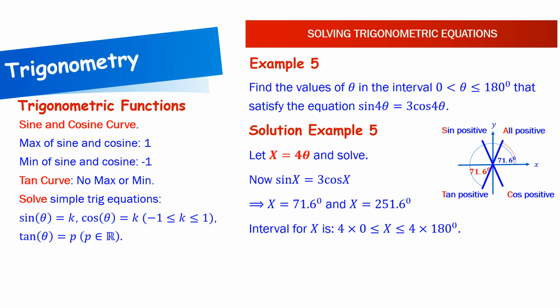The interval for X is 4 times 0, because theta starts from 0, and X is 4 times theta. So 4 times 0 is less than or equal to X is less than or equal to 4 times 180 degrees, because 180 degrees is the maximum value for theta.